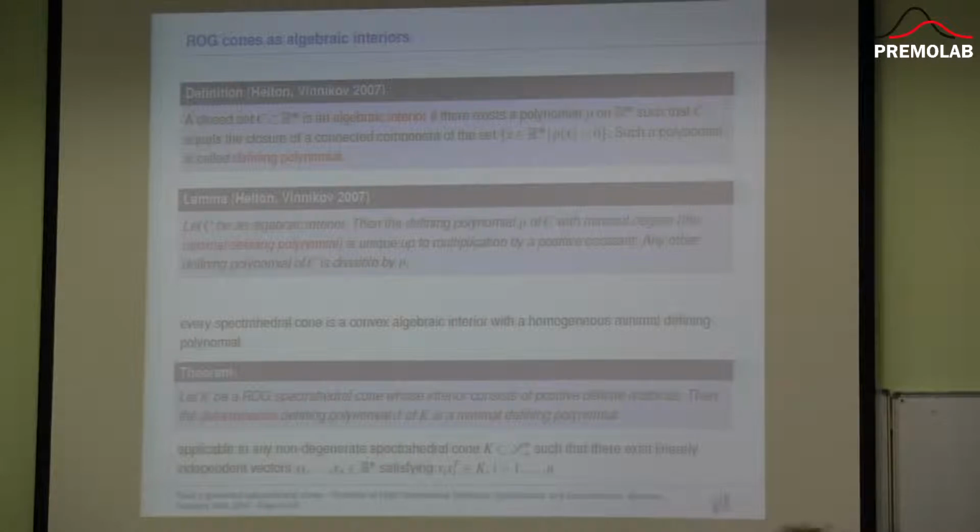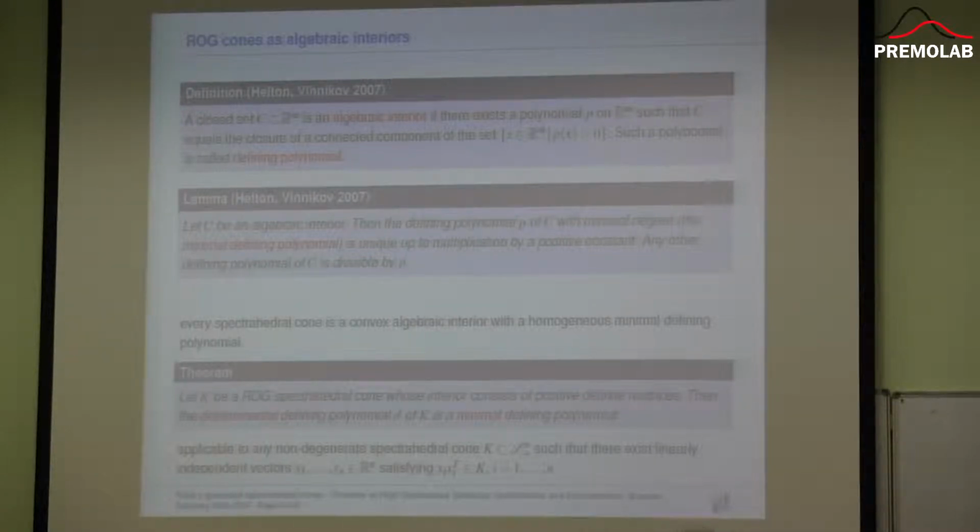But not in every spectrahedral cone is the determinant of the matrices the minimal polynomial which defines the algebraic interior. Any algebraic interior can have different polynomials which define it by their components of positive points, but there is essentially one minimal one.